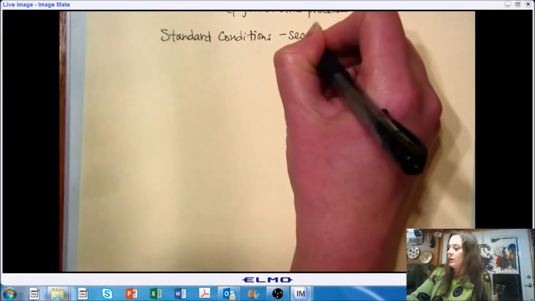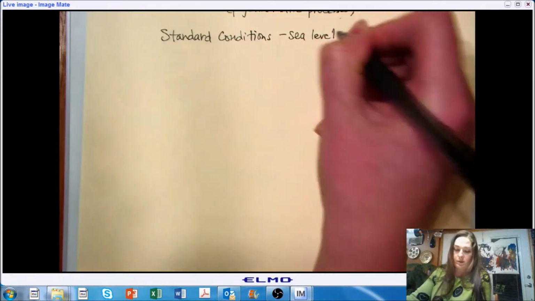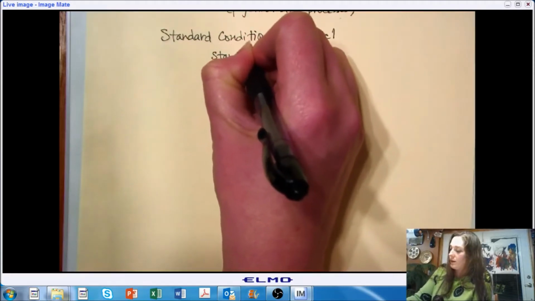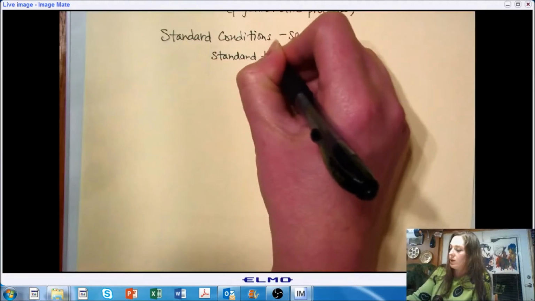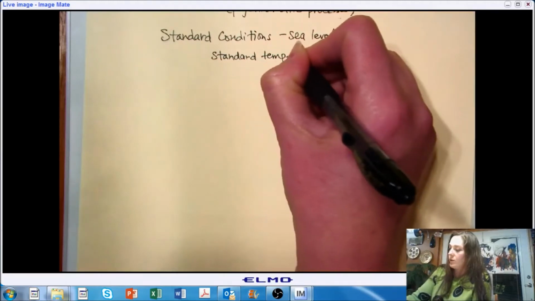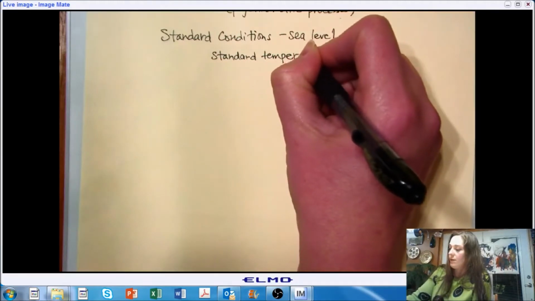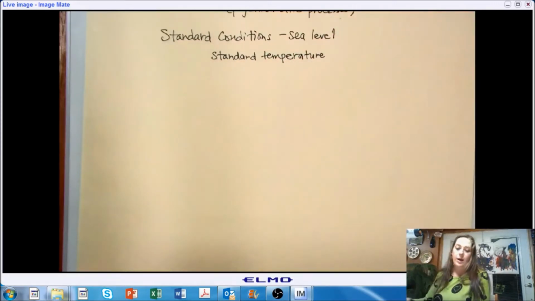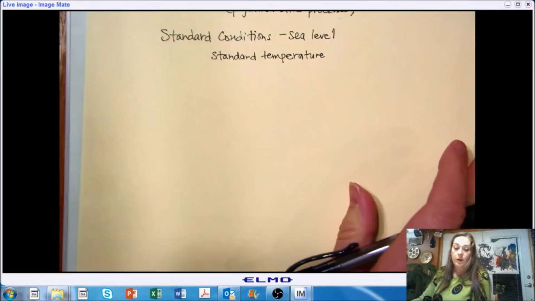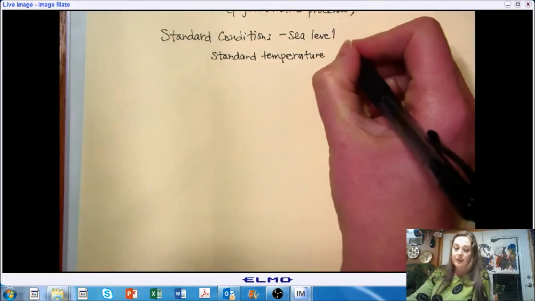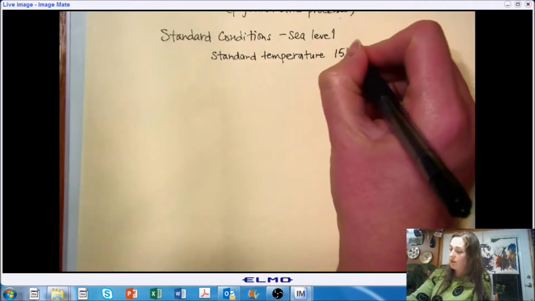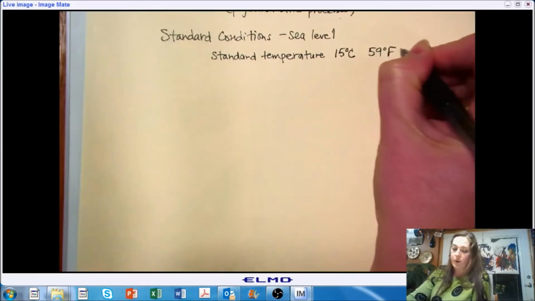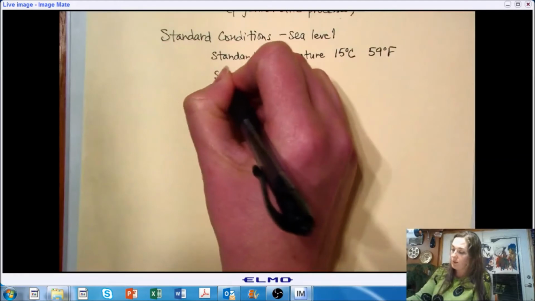So our standard conditions are at sea level. This one is an important thing to note: various sources are going to use their standard at various places. For our textbook and for most of the ASHRAE standards, we are at sea level. That's not always the case, so pay attention to your reference if you are using something other than ASHRAE or your textbook as your reference material.